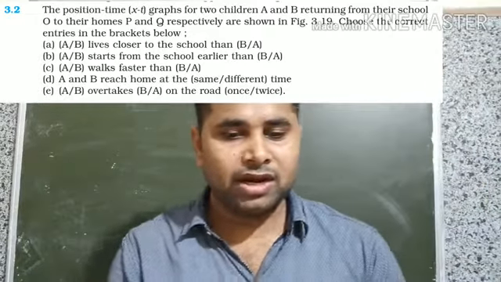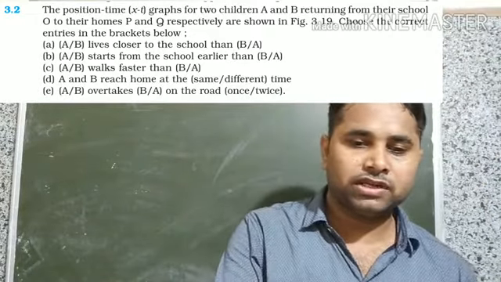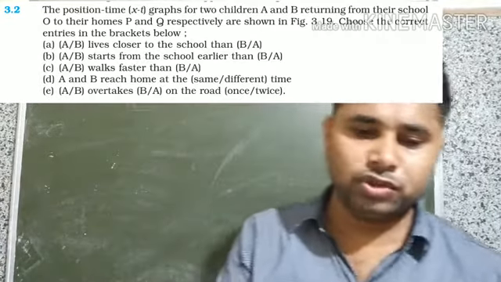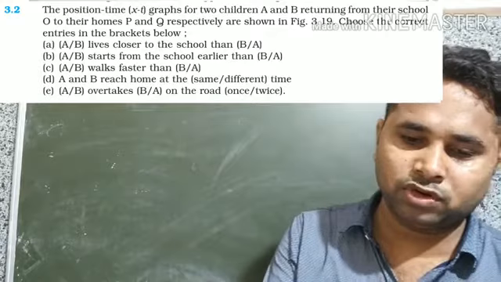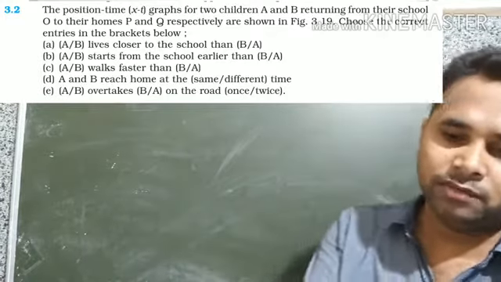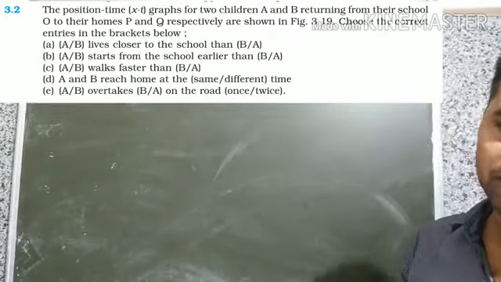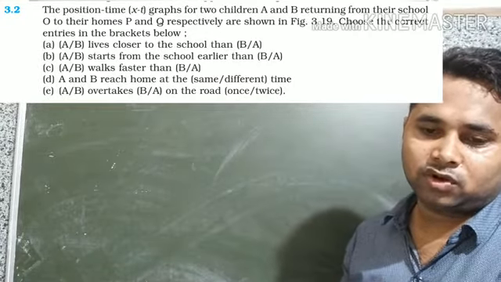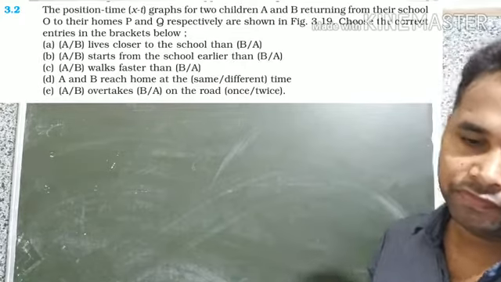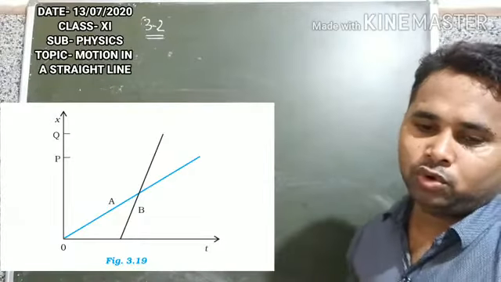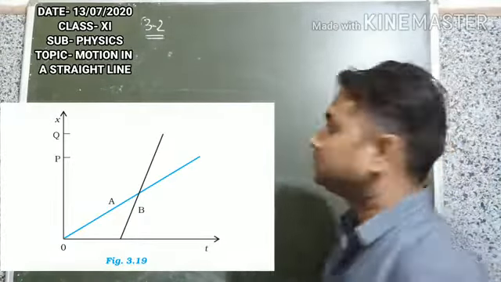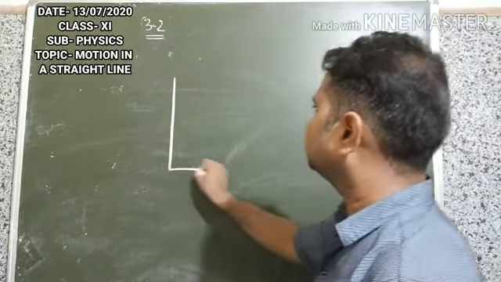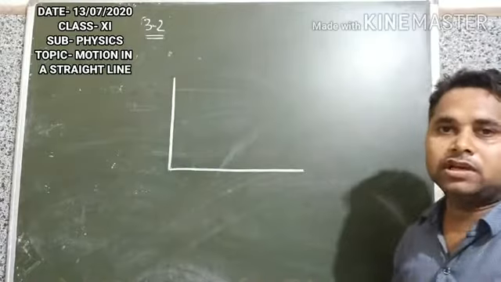The position time graph for two children A and B returning from their school O to their homes P and Q respectively is shown in the graph. Position time graph is given for the relative velocities of two children A and B. They are returning from their school O to their homes P and Q. See the graph.